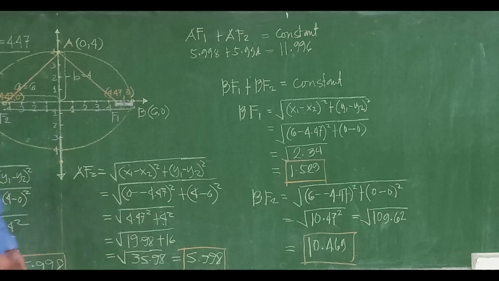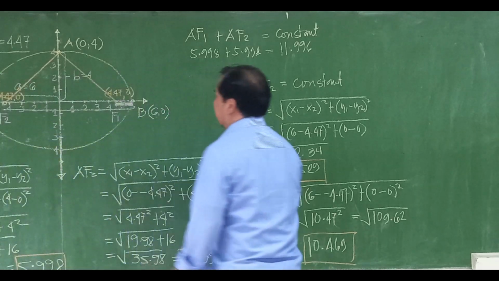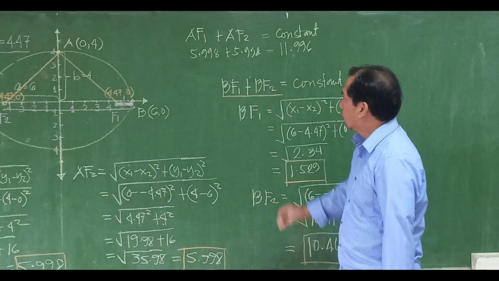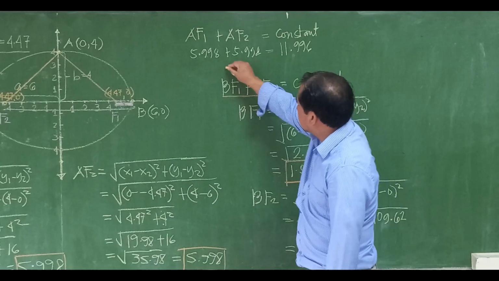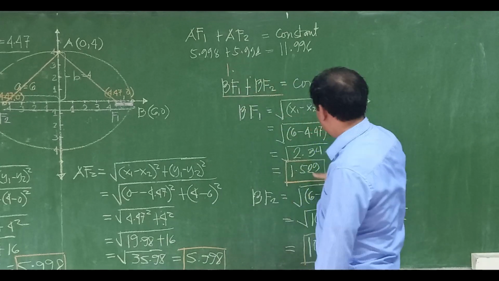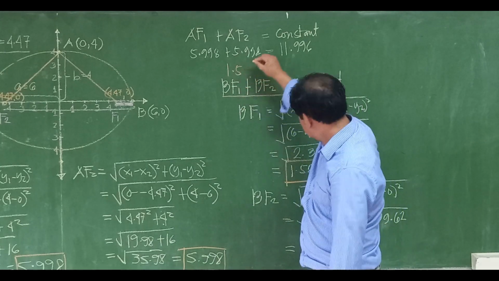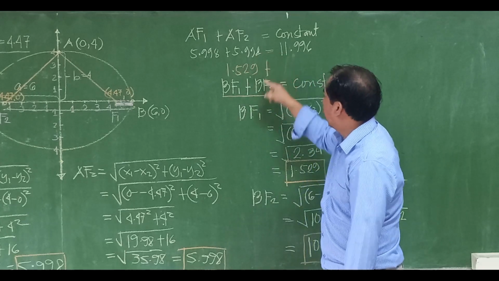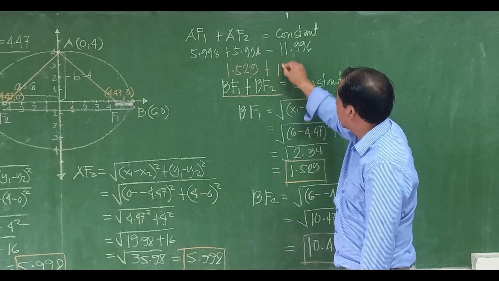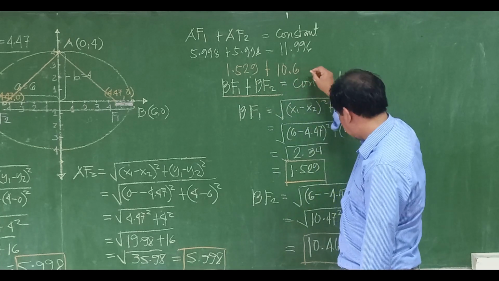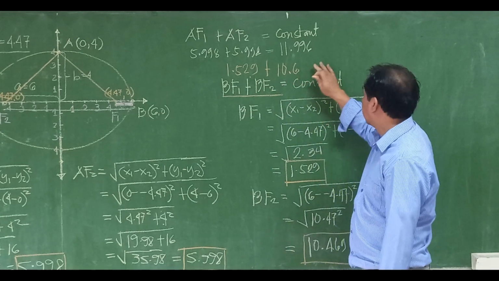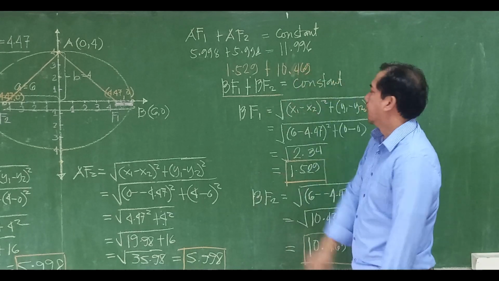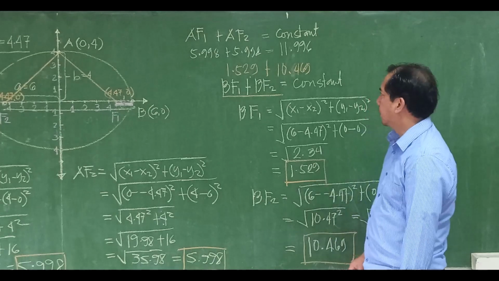So what is the measure of this one? It will give you 10.469. Now, after having that computation, that's the time we are going to verify. What must be the result? That is 1.529 plus, how about in here, 10.469.